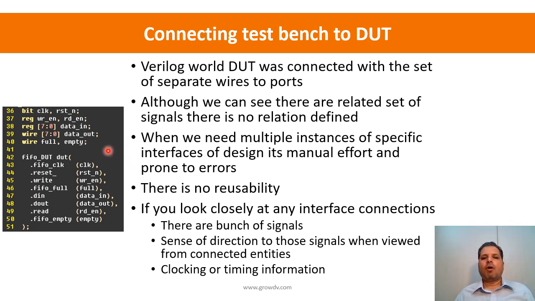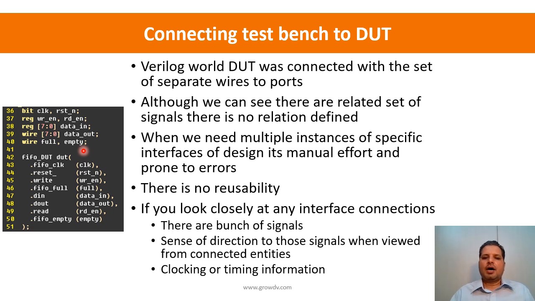What you can notice here is that although the set of signals we are connecting are related, for example the write, the FIFO full and D in, right? These are write port related signals, or push interface related signals. But when we see the discrete wires, there is no relation coming out.